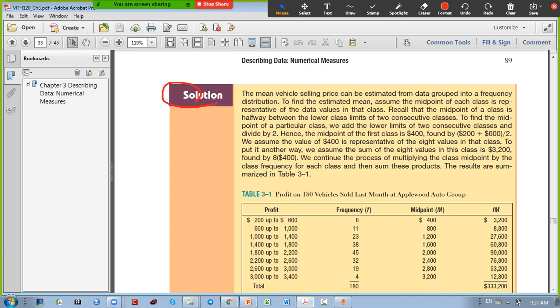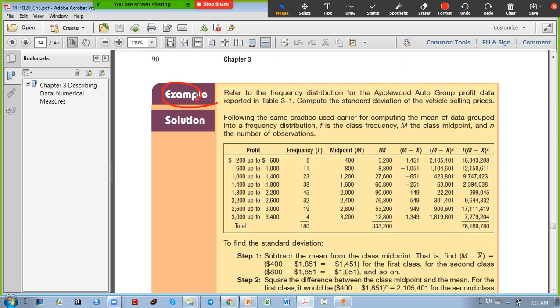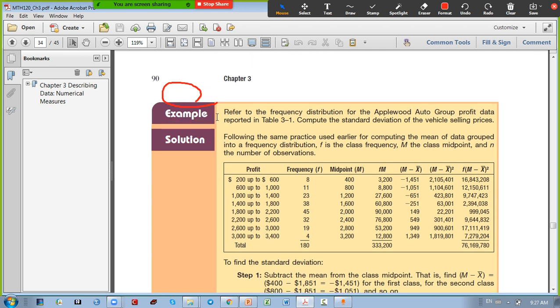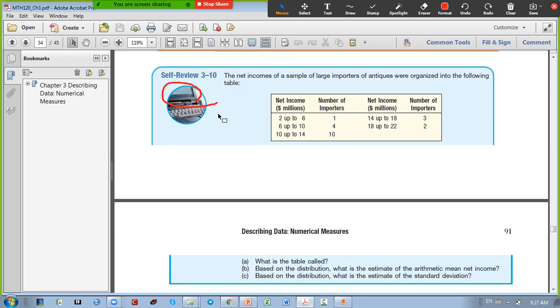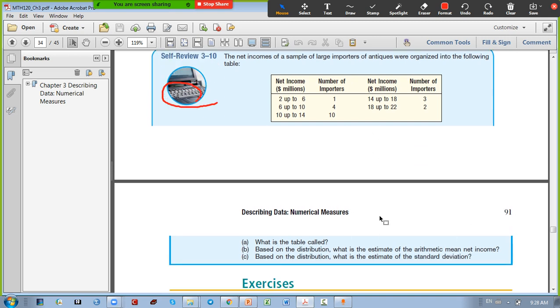This is the solution. And we also have other examples, and also solutions. So you have two examples on pages 88 and 89, and one example on page 90. You have a self review on pages 90 and 91.